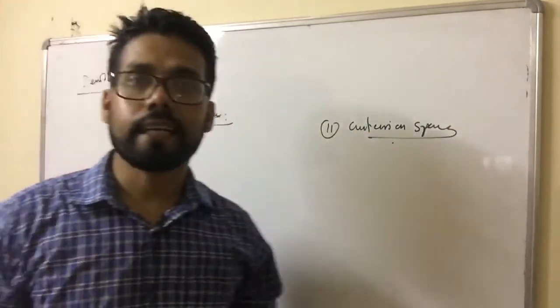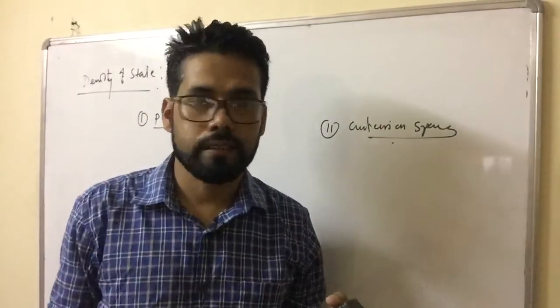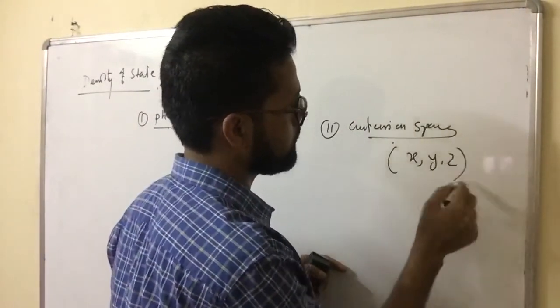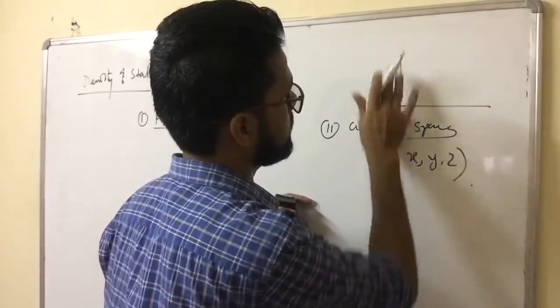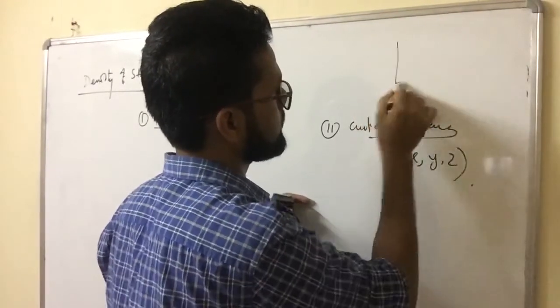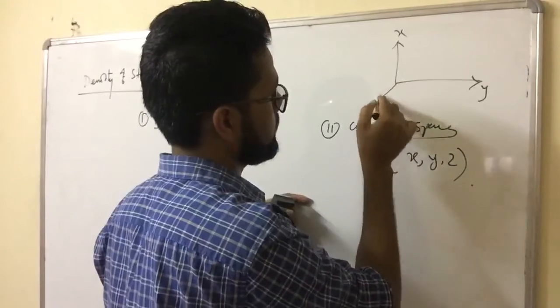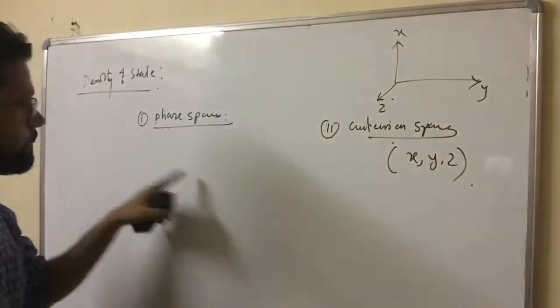What is the Cartesian? Cartesian space means rectangular space. What is the rectangular coordinate? X, Y, Z means it will have three axes, X, Y, Z. This is a rectangular space. And what is the phase space?